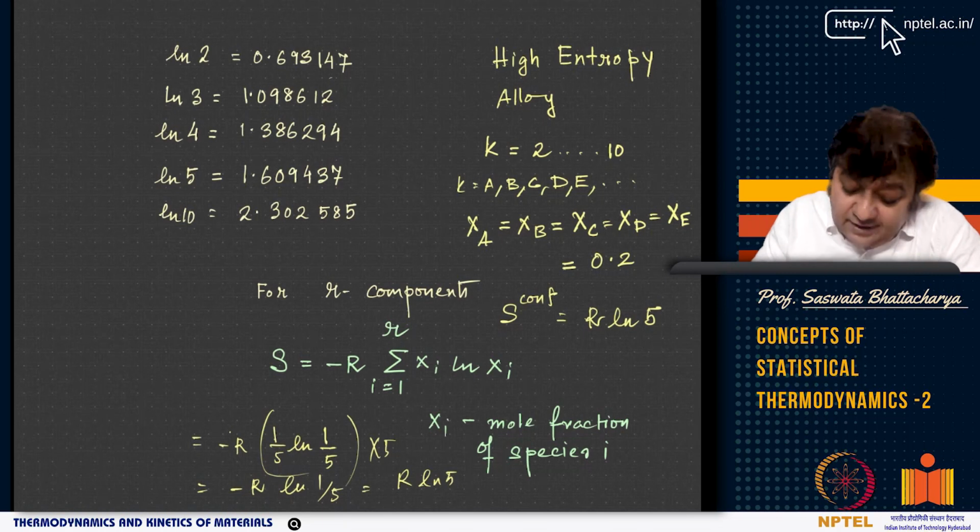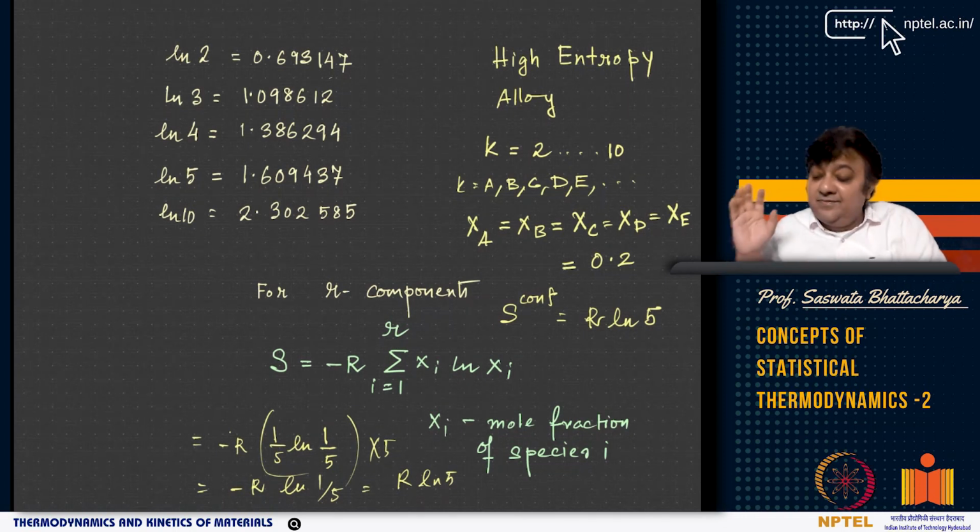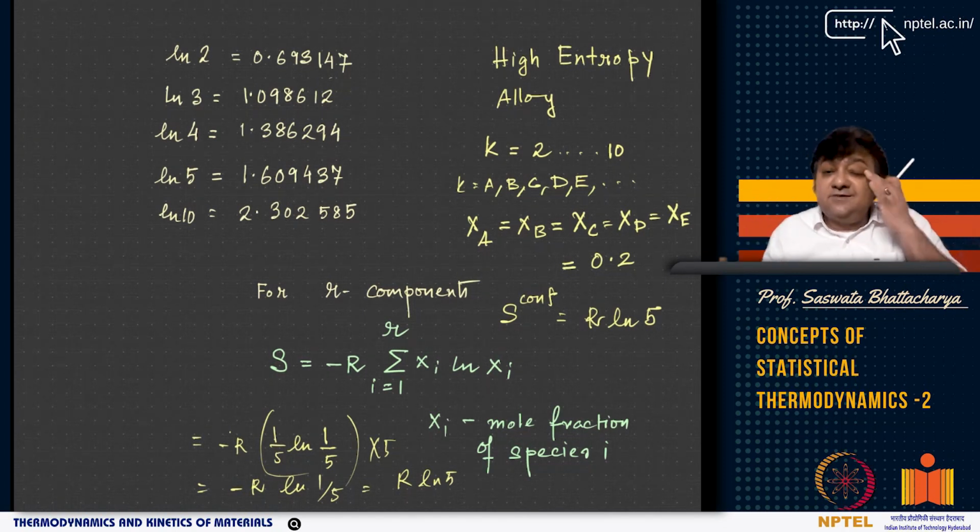R ln 5 corresponds to 1.6 R, whereas ln 2 corresponds to 0.69 R. So as I increase the number of elements, and if I take equiatomic composition, where each species has equal proportion, then I maximize the entropy, and I also increase the value as I go up in terms of number of components. Like 2 gives me 0.69, 5 gives me 1.6, 10 gives me 2.3.